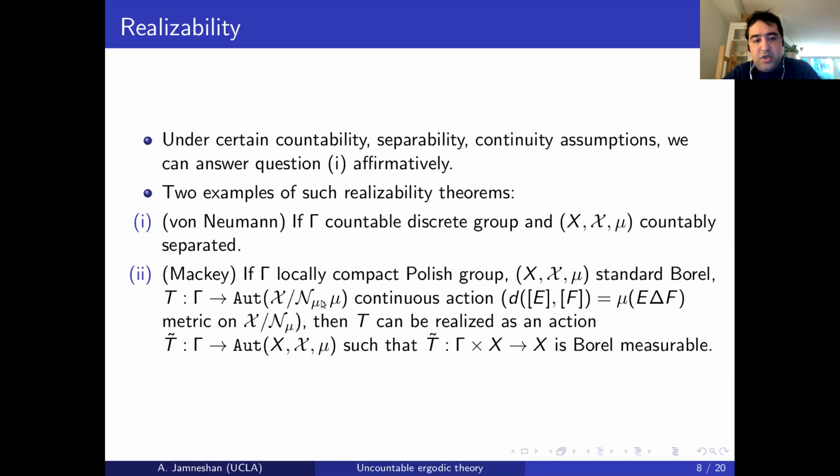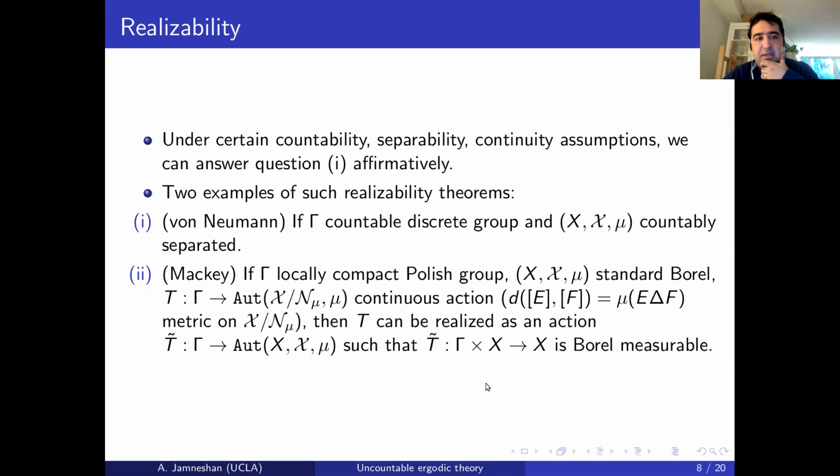And the action must be continuous. Here there is a way to formalize continuity because there is a metric on the measure algebra. This metric is basically the restriction of the L1 metric, if you consider the embedding of the measure algebra into L^p spaces. If with respect to that metric the action is continuous, then T can be realized as a concrete system, even with the property that the action is jointly Borel measurable.